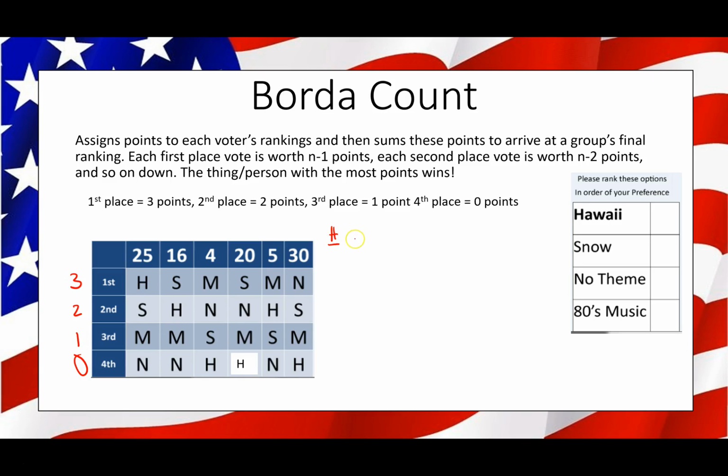So H is going to be 25 people who give them 3 points, plus 16 people that give them 2 points, plus 4 people giving 0, plus 20 people giving 0, plus 5 people giving 2 points, plus 30 people giving 0 points.